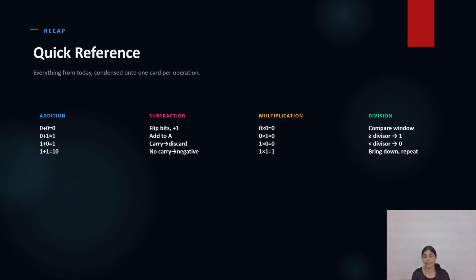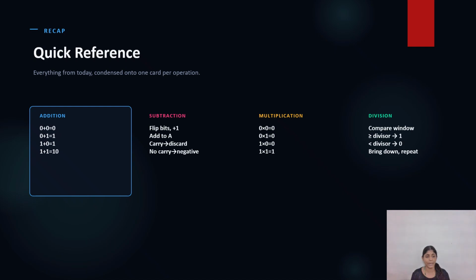Okay, divisor and dividend should be compared. Okay, so after the comparison window, if the divisor is greater than or equals to, consider it as a 1. If the divisor is less than, consider it as a 0. Bring down all the value, repeat one after another.